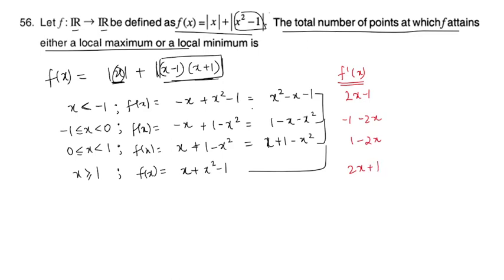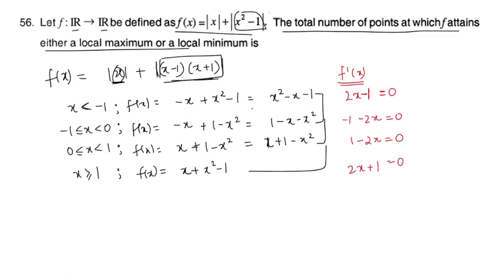And once the derivative has been figured out, we can now set this equal to 0, and this gives us all points at which the derivative is equal to 0 and may have a local maxima or a local minima.